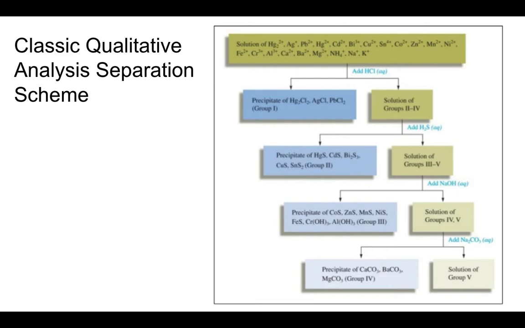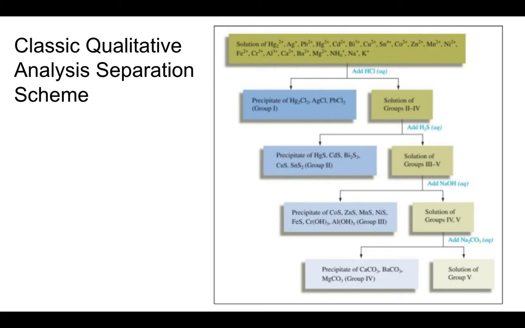Then you would add H2S, and you'd get the mercury plus 2 and the cadmium and the bismuth and the copper plus 2 and the tin to separate out, and those would be your group 2 ions. Now remember, you can get your group 2 ions separated, maybe using pH or something. You could figure out how to get some of those to dissolve while others stay in solution.